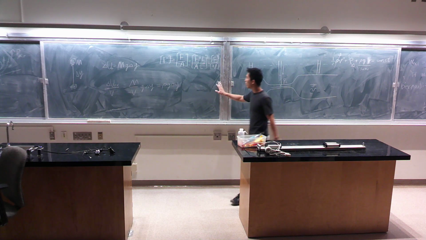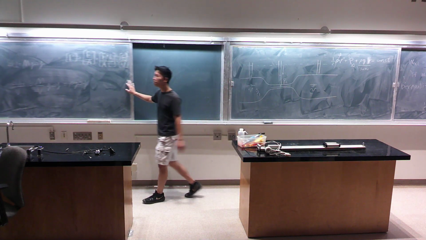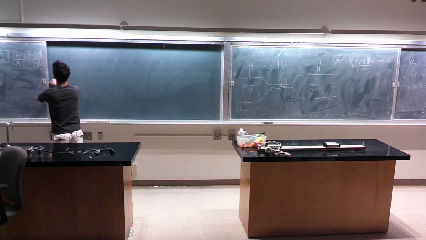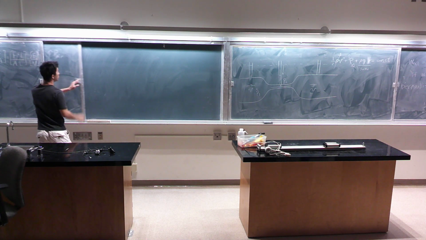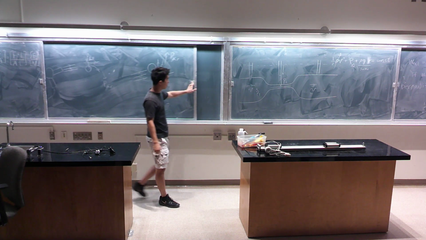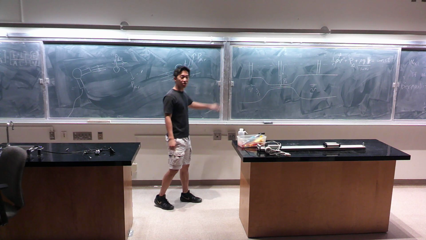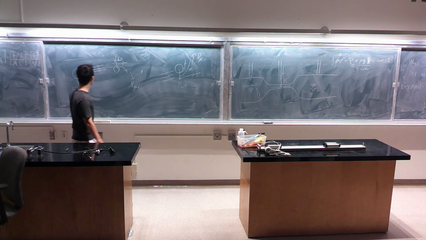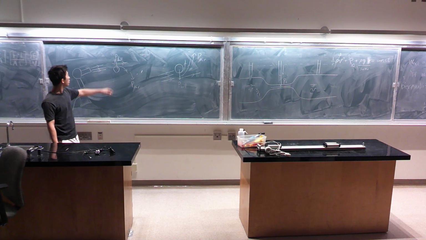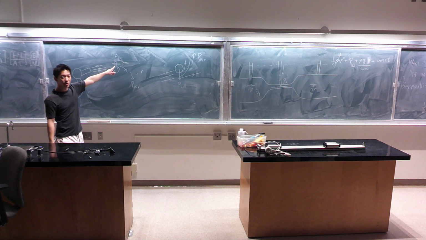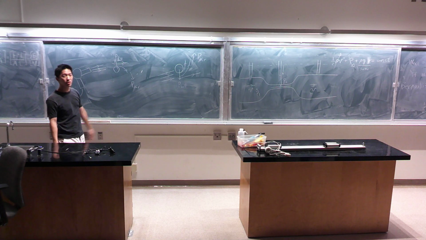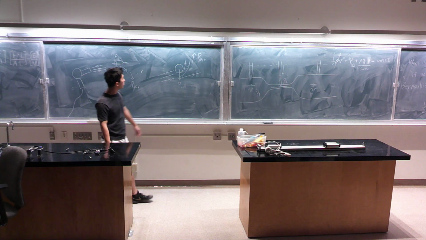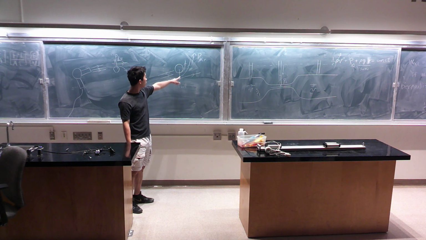What people like to use is to say, here the air is flowing, so the pressure is smaller. That's why the ball will go up. Here the air is flowing, the pressure is smaller, so the ball will go down.